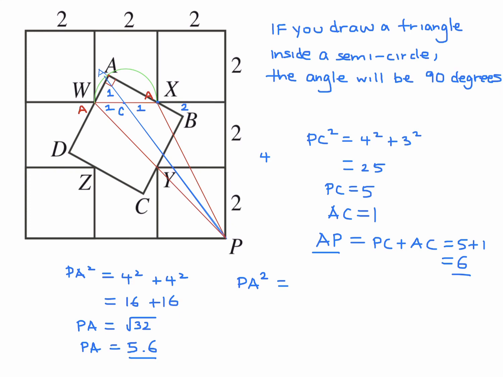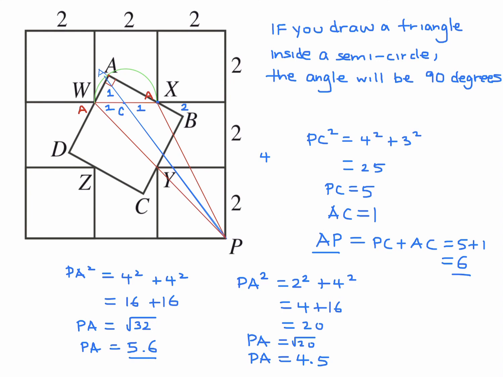Again, we're using Pythagoras. The distance from there to there is 2. And then this distance, of course, is still 4. So this is 4 plus 16, which is 20. So therefore, PA is root 20. And that is equal to approximately 4.5. So there we go. This is also less than what I had originally calculated.